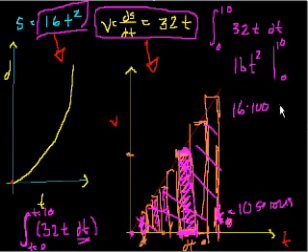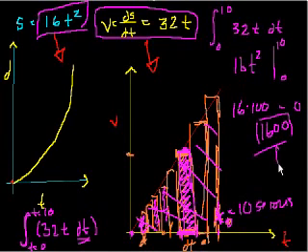Then we subtract it evaluated at 0, so 16 times 0 is 0. So after 10 seconds, we would have gone 1,600 feet. And also, the area under this curve is 1,600.